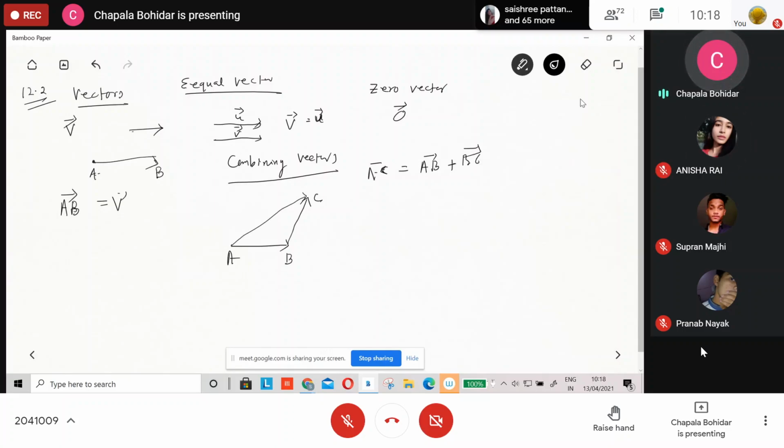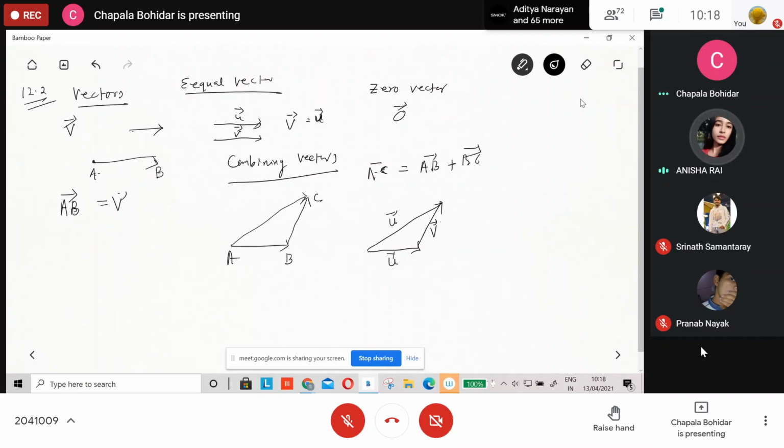So in general, if you consider this vector as U vector, and this vector as V, the general form is U plus V, the resultant vector.